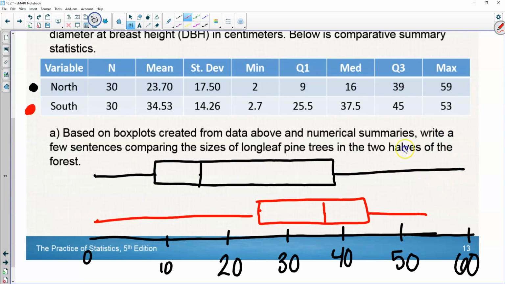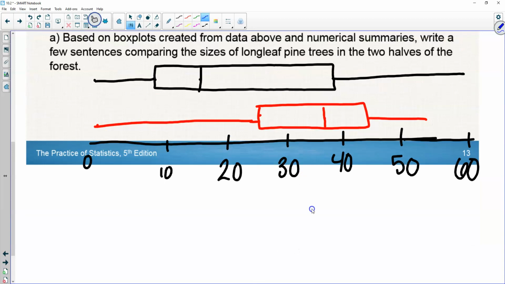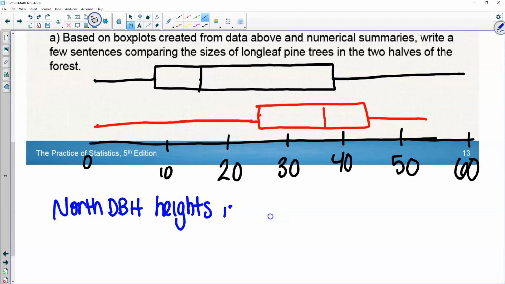If we're looking at the two distributions here, underneath I'll put a couple of sentences comparing. Looking at the shapes, it looks like the north DBH heights are skewed right, and the south is skewed left.